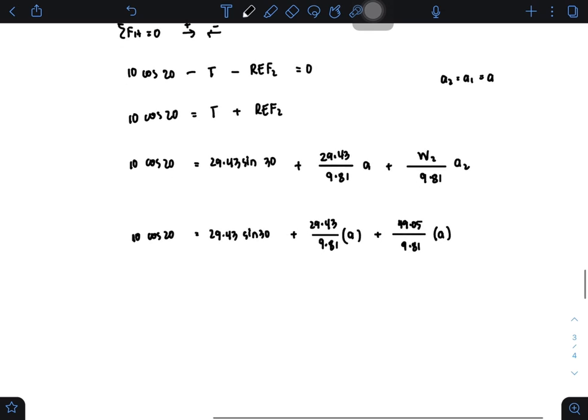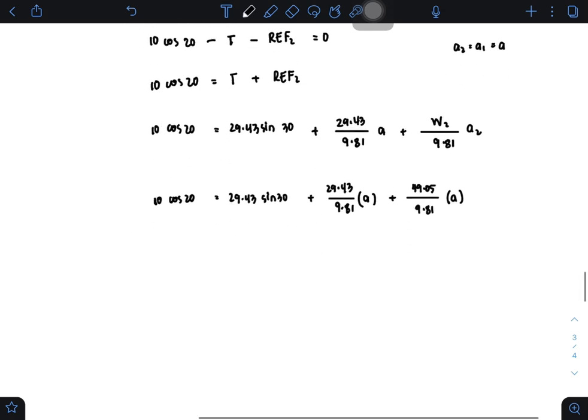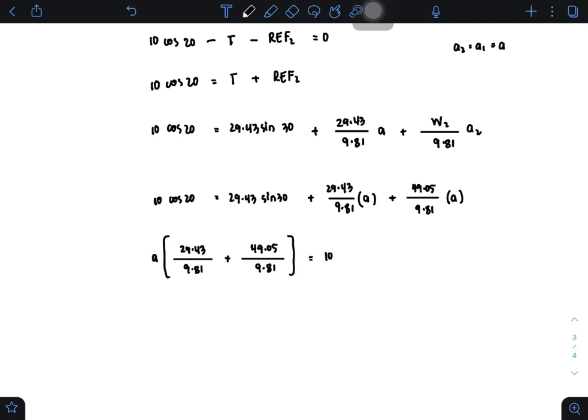Collecting like terms, we factor out the acceleration: 29.43 over 9.81 plus 49.05 divided by 9.81, equal to 10 cosine of 20 minus 29.43 sine of 30.